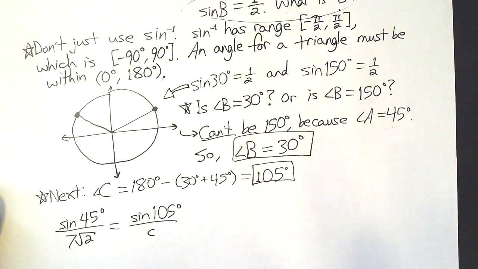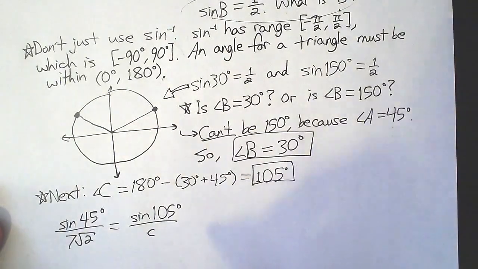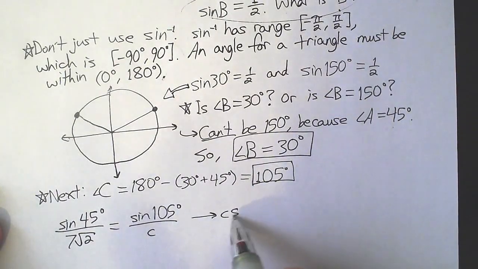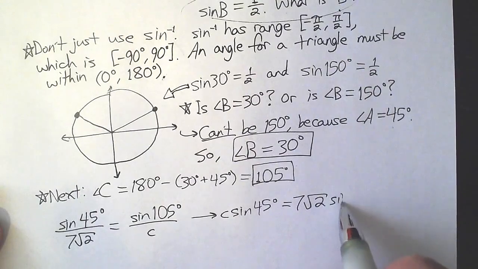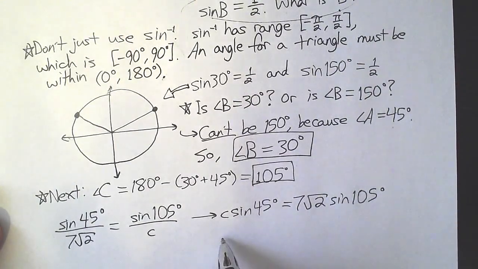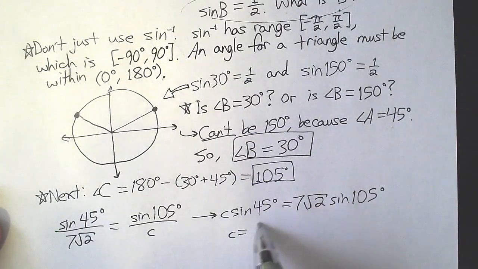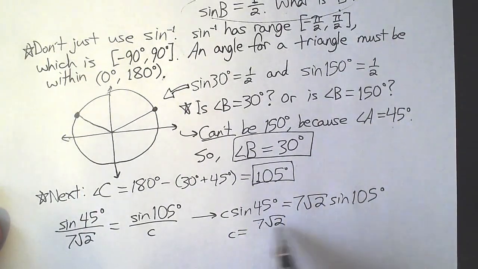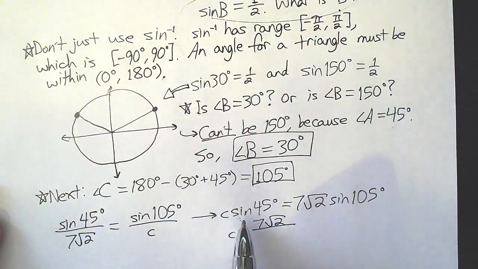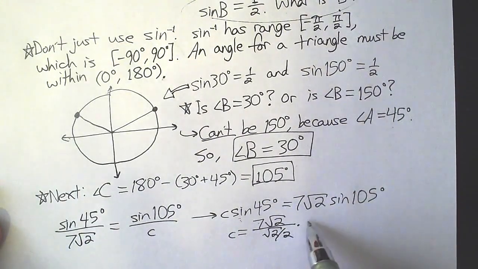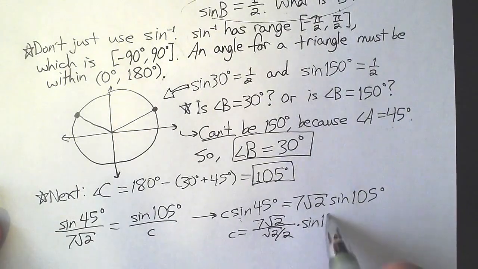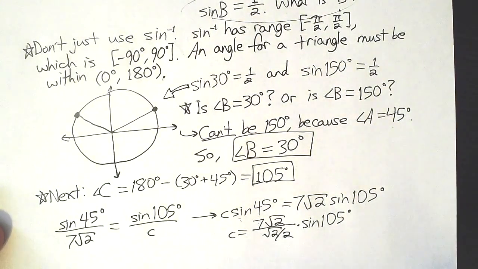Using this from the law of sines that we wrote up at the top, we're going to get lowercase c from this. So cross multiply, and c equals 7 square root of 2 divided by sine 45 degrees. I know that that's the square root of 2 over 2. We could do a little canceling here.